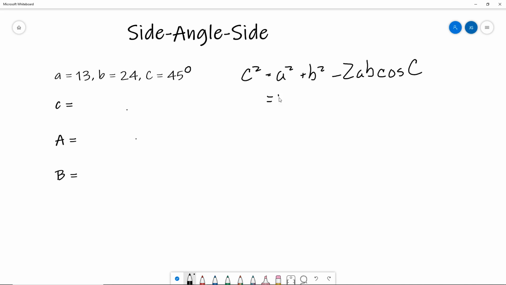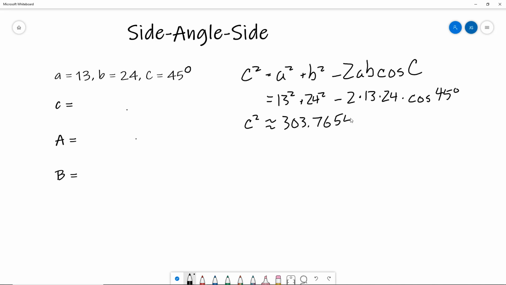Plugging in the values that we have, that means 13 squared plus 24 squared minus 2 times 13 times 24 times the cosine of 45. And plugging that into a calculator gets me a value of approximately, for C squared, 303.7654.